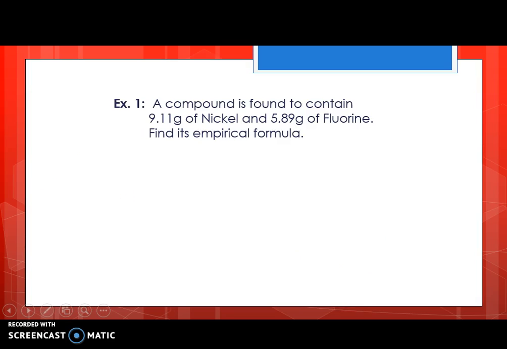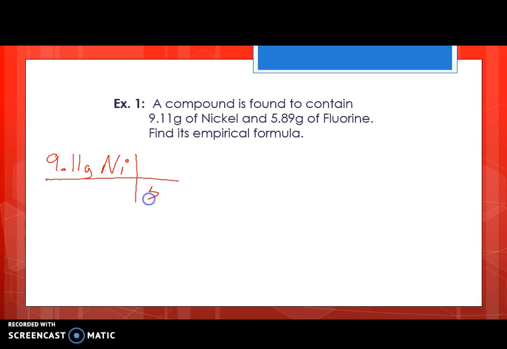Alright, so example 1. A compound is found to contain 9.11 grams of nickel and 5.89 grams of fluorine. Find its empirical formula. First step, convert grams to moles. So I have 9.11 grams of nickel, and I want to convert to moles. I'll go to my periodic table.